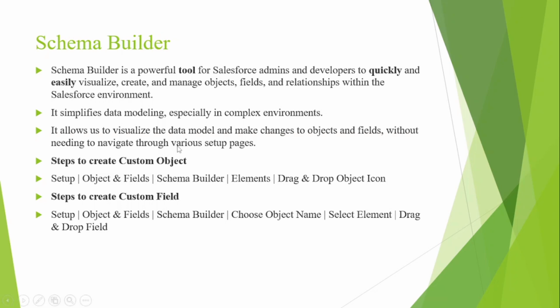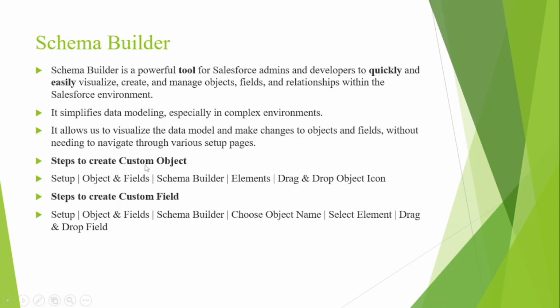It allows us to visualize the data model and make changes to objects and fields without needing to navigate through various setup pages. So we don't have to navigate so many times, or click next so many times. On one page itself we are going to create using Schema Builder.